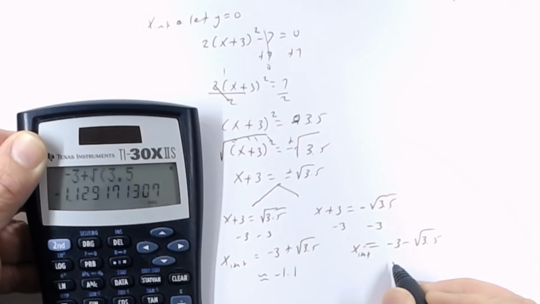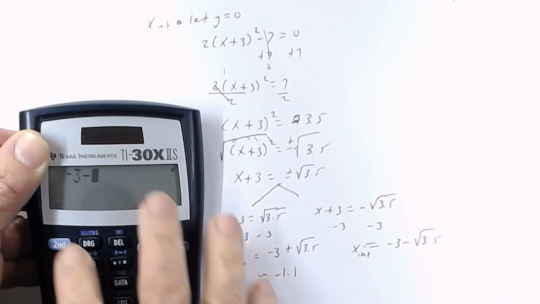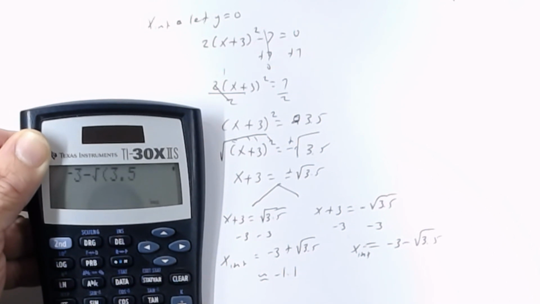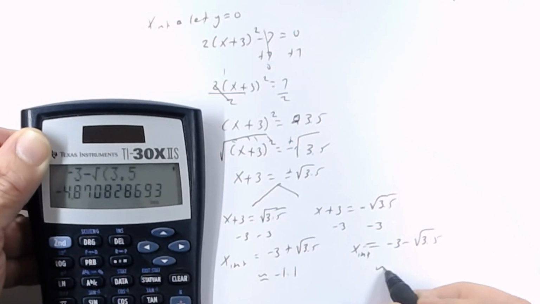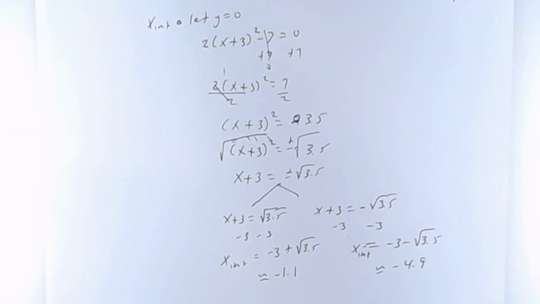And over here, negative 3 minus the square root of 3.5 equals negative 4.9. Okay, so those are your two x-intercepts. And in terms of graphing, on MyMathLab, that's basically what they're going to ask you to do: find the intercepts, find the vertex, and then graph.